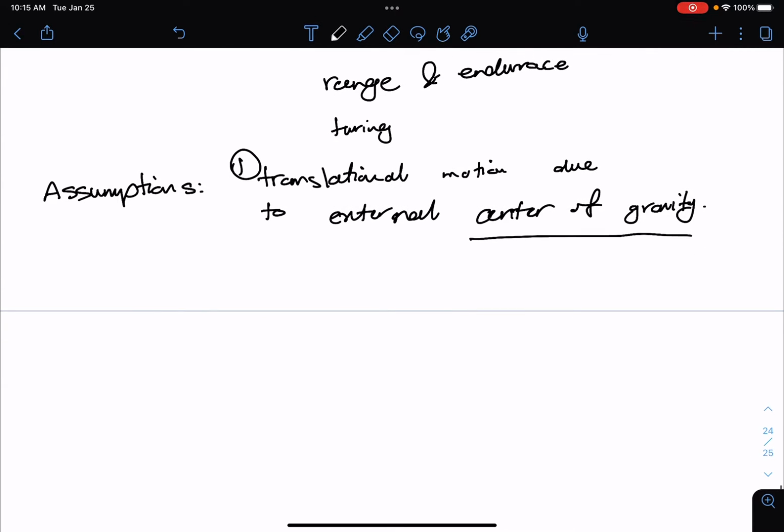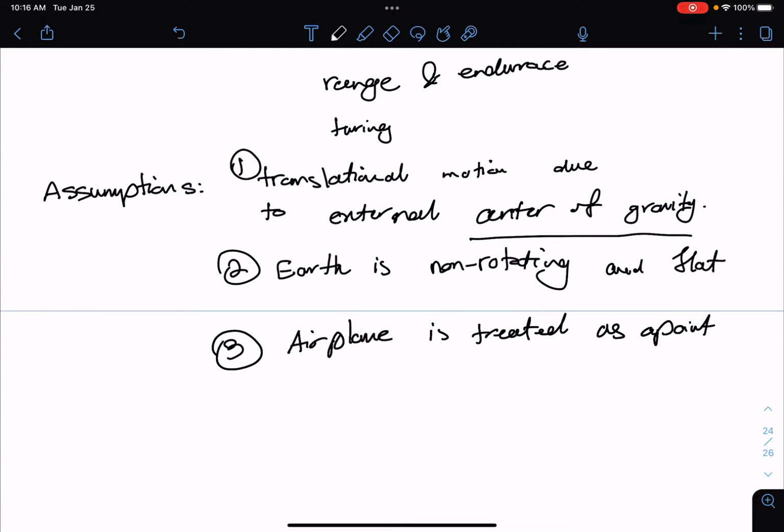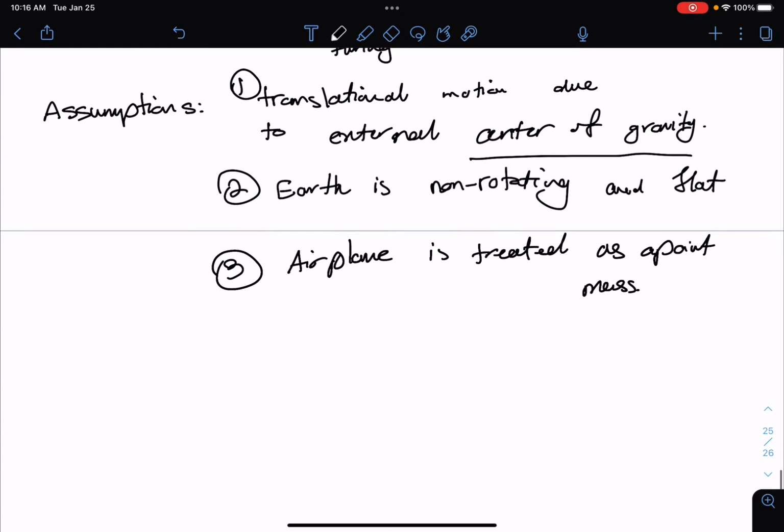Second assumption, we are going to assume Earth is non-rotating and flat. So flat Earth assumption. And the third assumption is that the airplane is treated as a point mass. We reviewed the dynamics of point masses during the past 2 weeks.